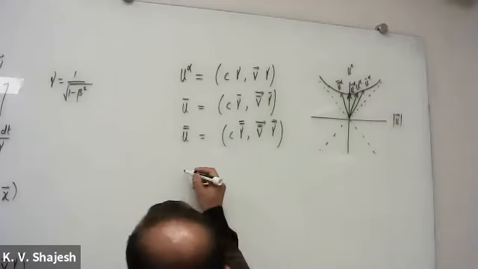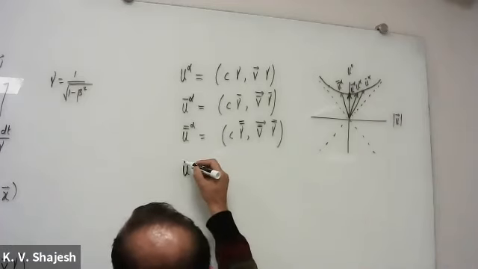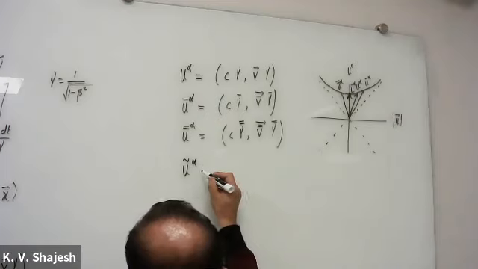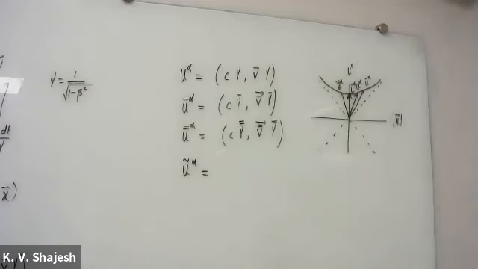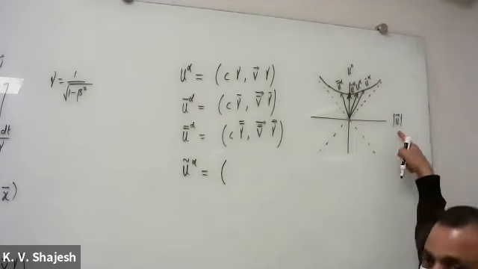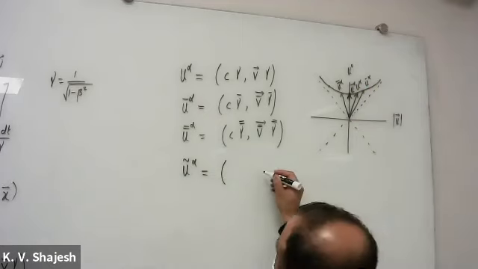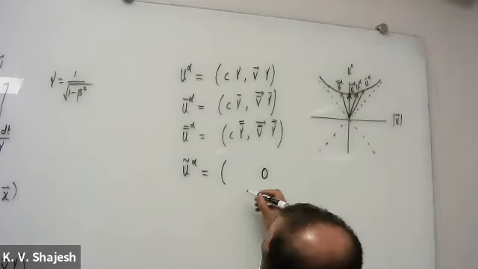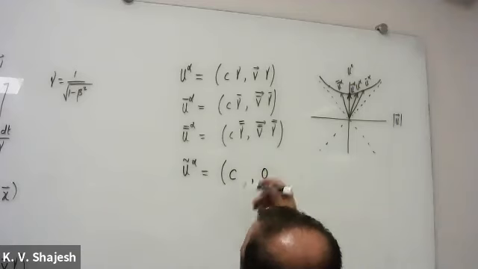This is all alpha, by the way. u tilde alpha is special, right? So that's that vertical one. What is that equal to? It has this space component 0 there. So this is equal to 0. And this is equal to c times whatever this is, gamma tilde.